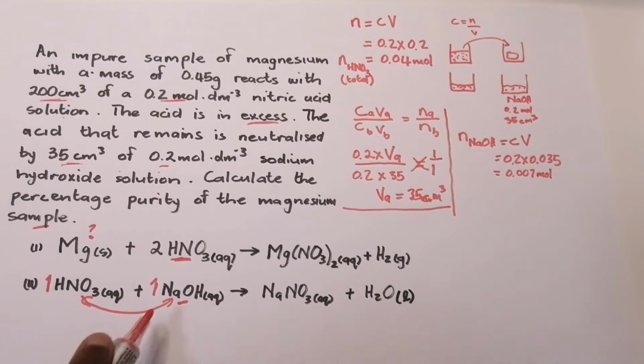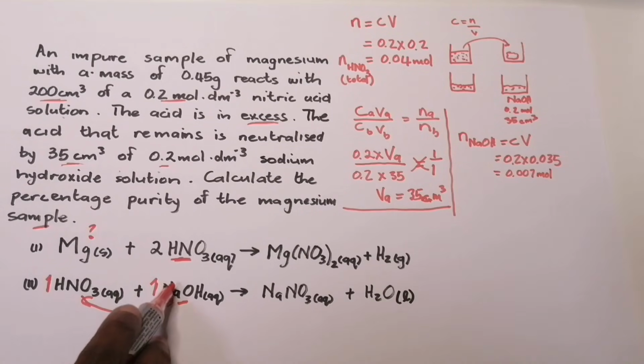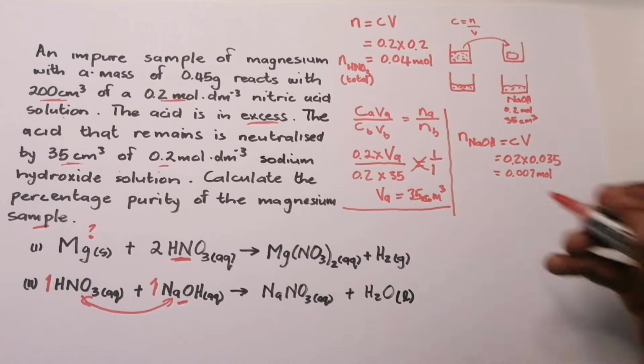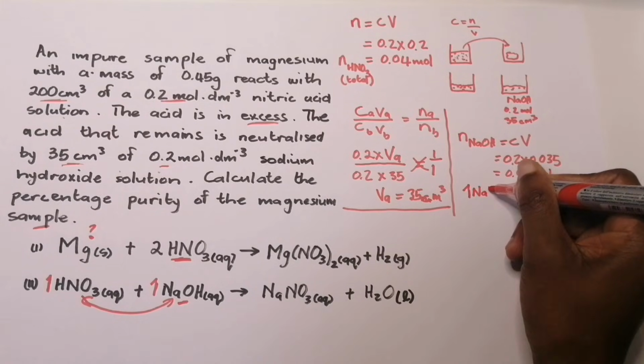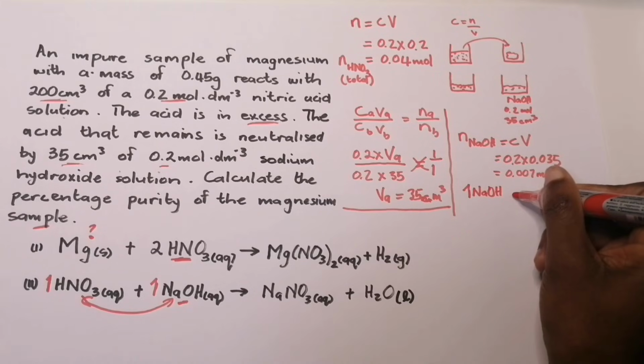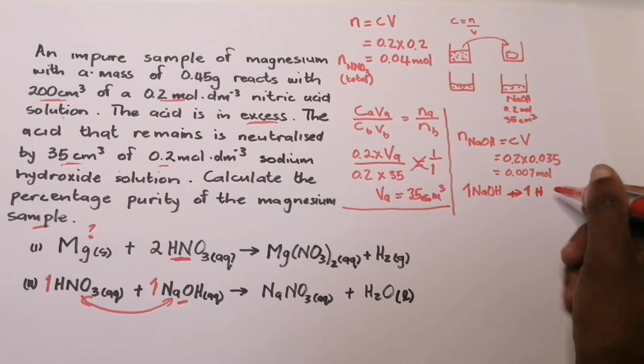But remember, we also know our molar ratios. It says for every one that you use of sodium hydroxide, you'll use one of that. So to keep consistent, for every one sodium hydroxide that I use, I will use one nitric acid, 1 mole of nitric acid, HNO3.